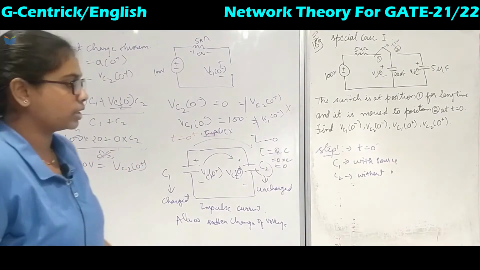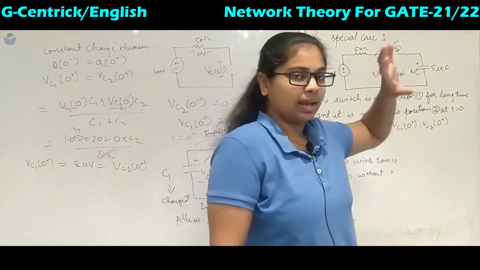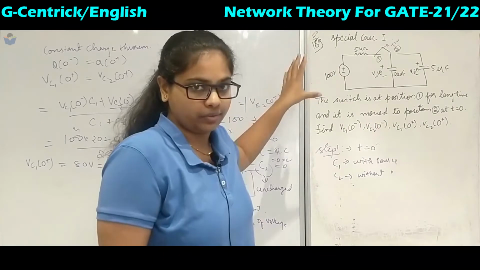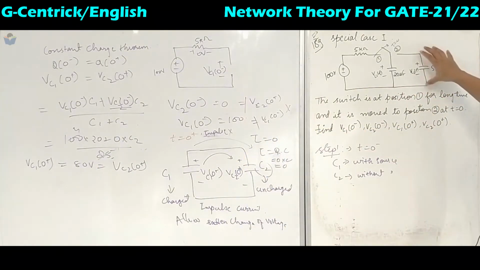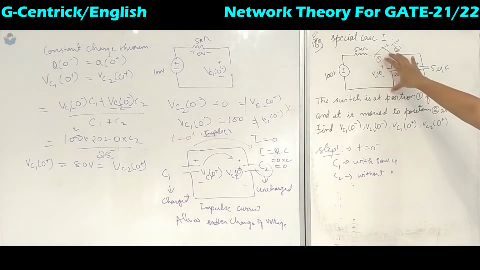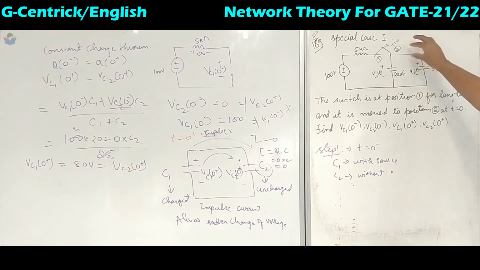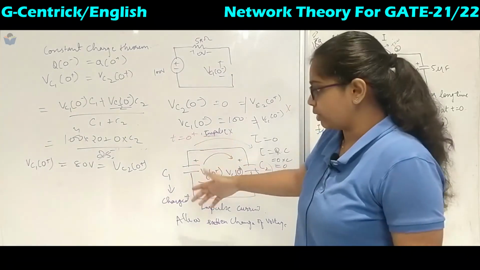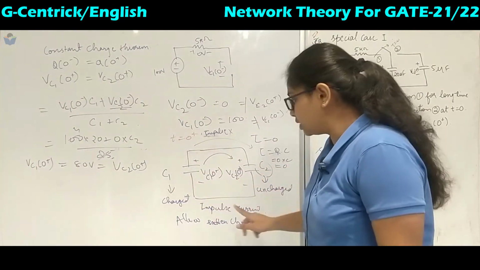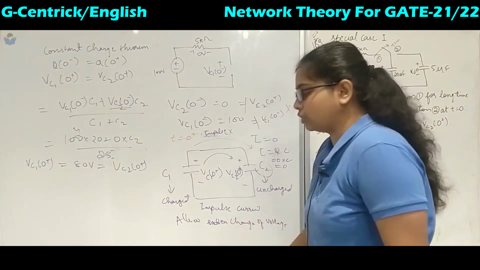This is special case 1, and we will see special case 2, where there is an ideal capacitor with an ideal voltage source. To conclude for this question, we have two capacitors with different charges, 20 microfarad and 5 microfarad, and no resistor between them. The circuit looks like this at t equal to 0 plus, which indicates impulse current flowing in the circuit, so it allows a sudden change of voltage.